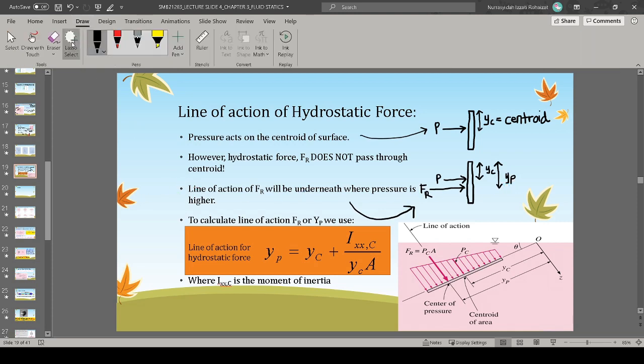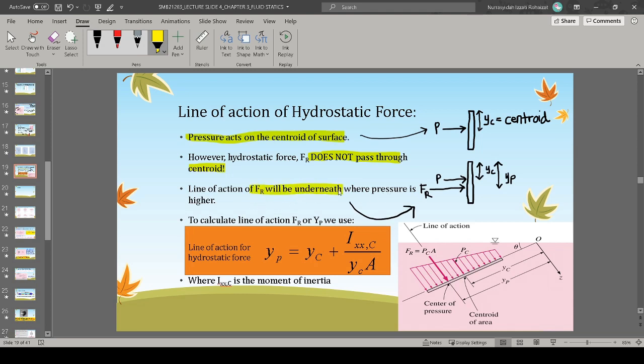Okay, so please notice, hydrostatic force does not pass through the centroid. Pressure passes through the centroid. Fr will be somewhere underneath, where the pressure is higher.